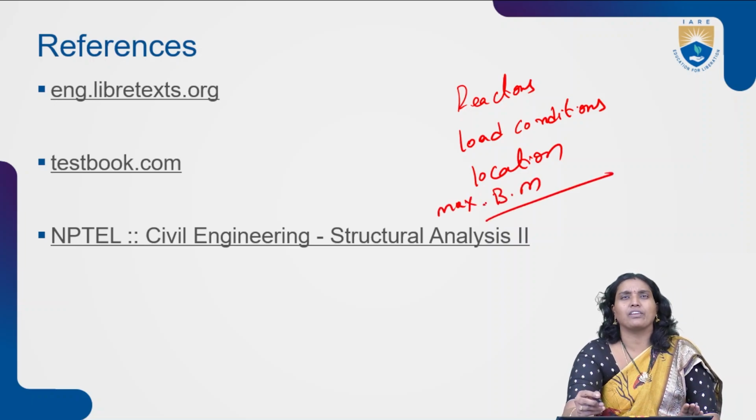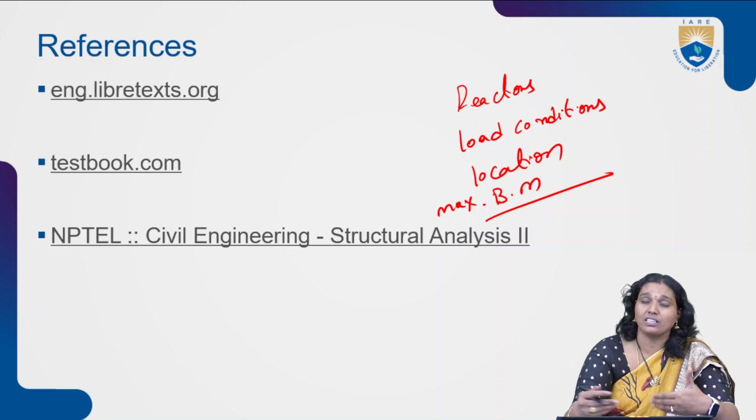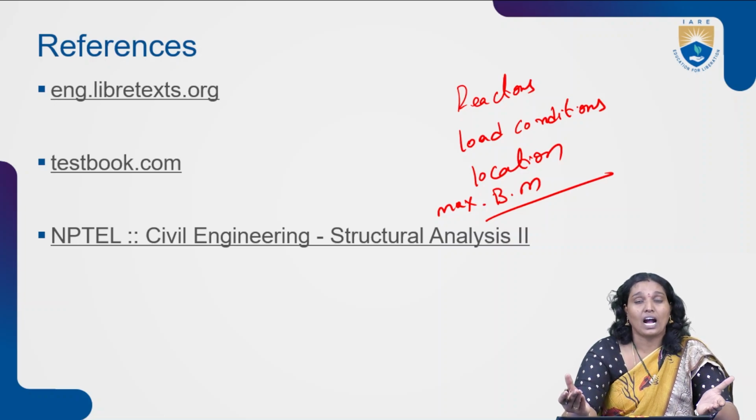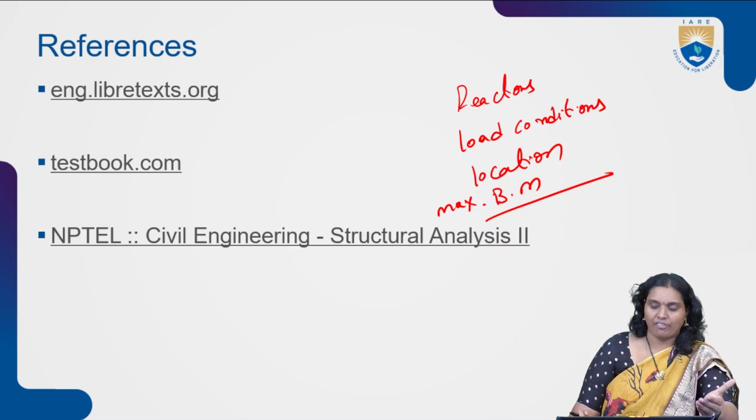These references may help with various other conditions for identifying the maximum bending moment and locations depending upon the various shapes of the arch. So it may be helpful to use all these references.